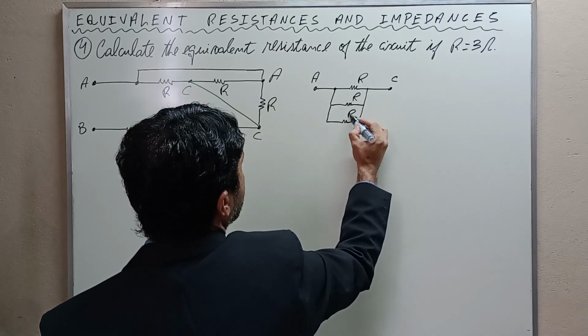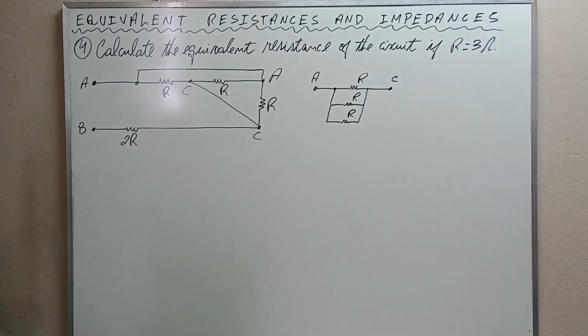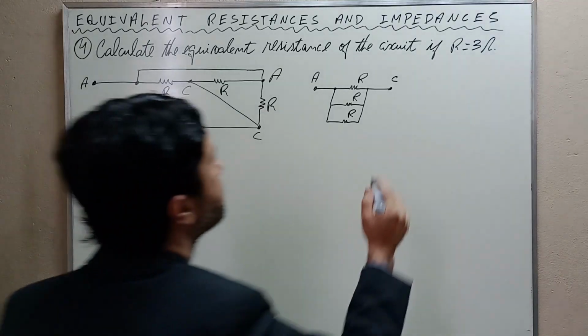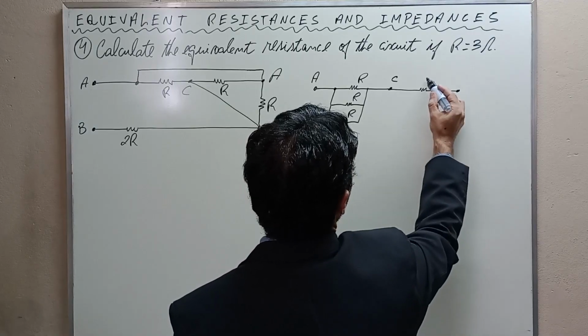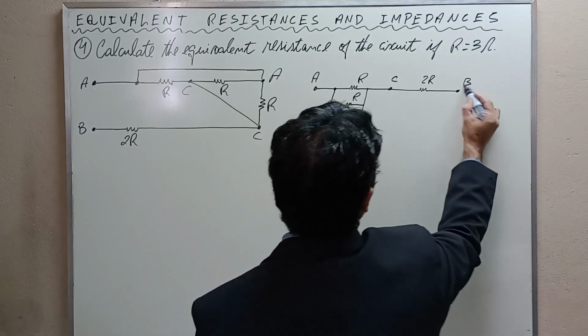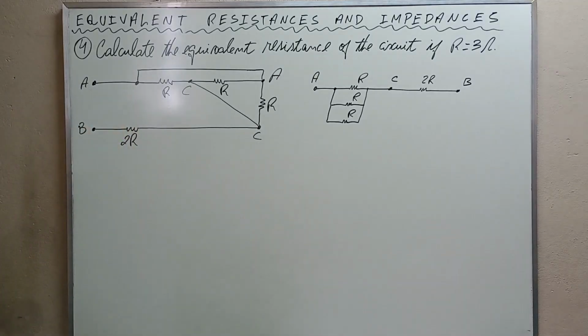Three. And from C to B, 2R. Okay, in this way we can understand better the circuit. Let's begin solving.